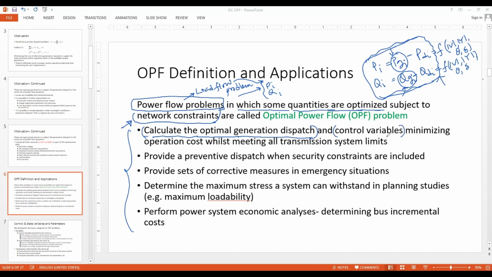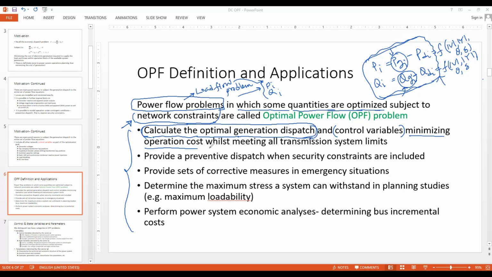In terms of optimization, we may also call them the decision variables. So we change the decision variables, and with those updated values of decision variables, we try to achieve the minimized operational cost for this amount of generation dispatch.